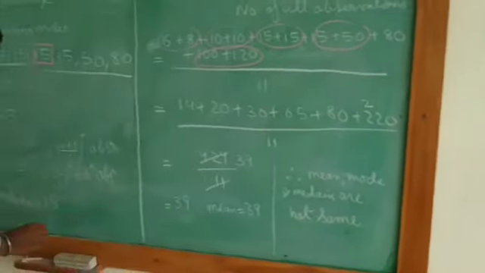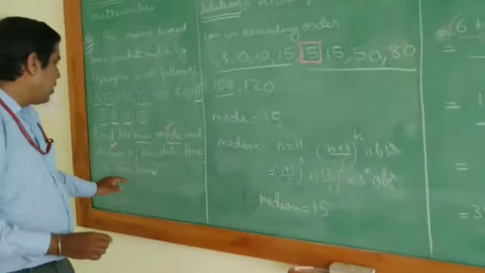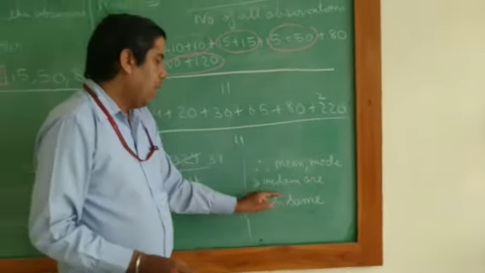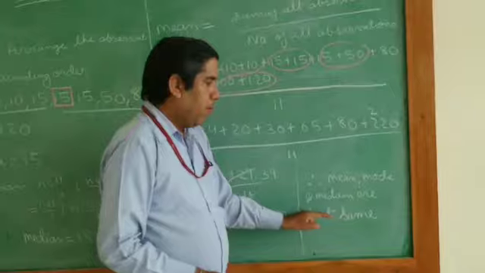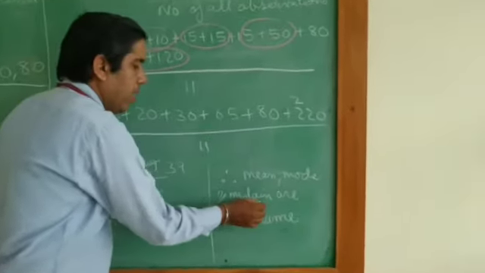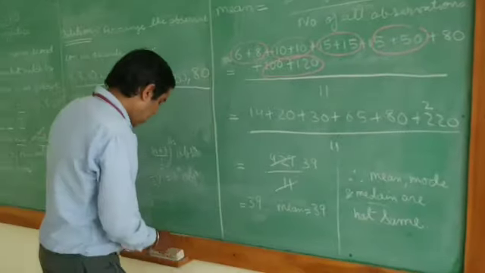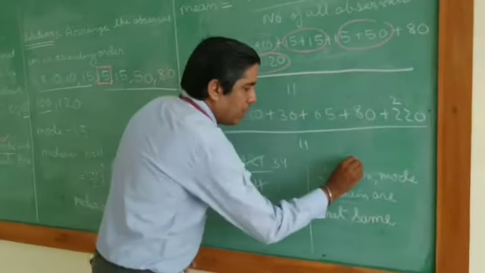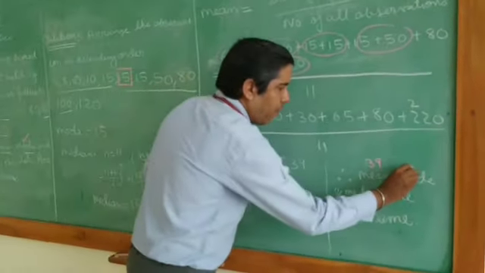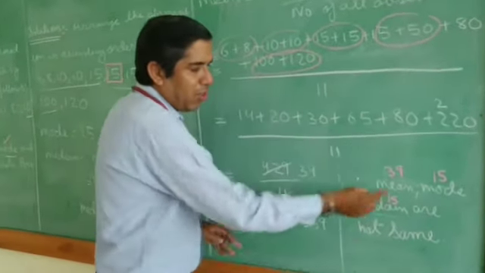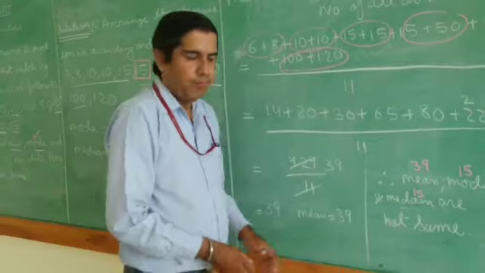Because at last they ask the question: are the three the same? So you write here, therefore mean, mode and median are not the same. These two are the same, mode and median, but the mean comes to 39. We got 39 for the mean, 15 for the mode, and 15 for the median. If all three were the same, we would write that they are the same.